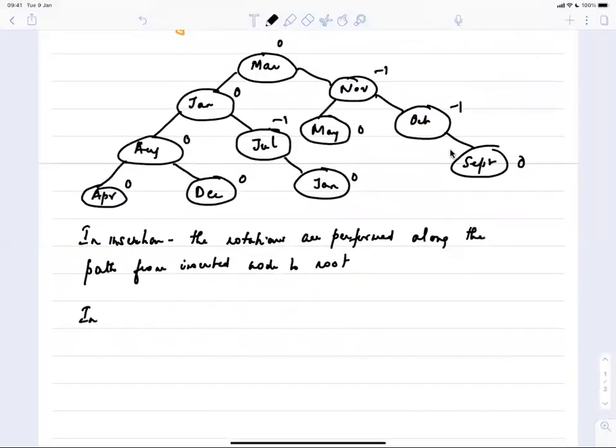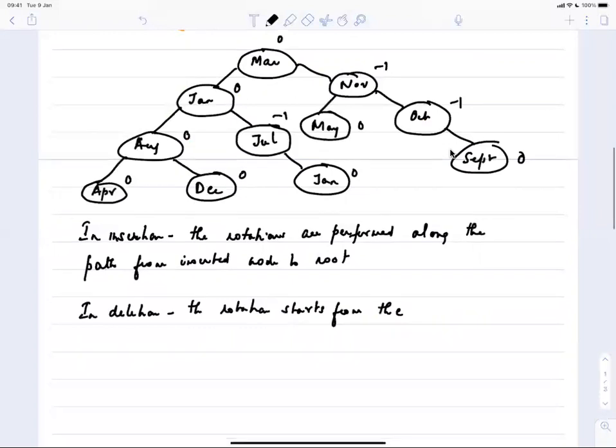Whereas in deletion, the rotation starts from again the nearest ancestor whose balance is violated.